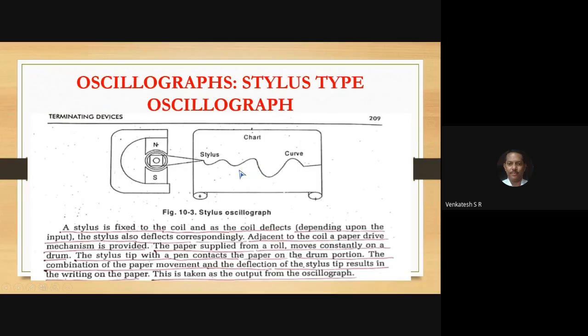So earthquake means the vibration of the earth that can be measured by using seismic instrument. The seismic instrument contains the stylus type of oscillograph. You can measure the intensity of the earthquake in the waveform.